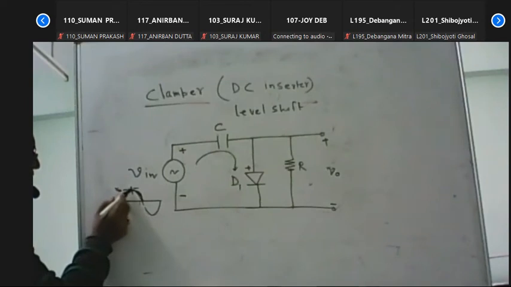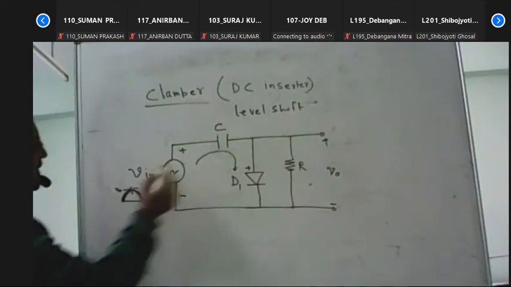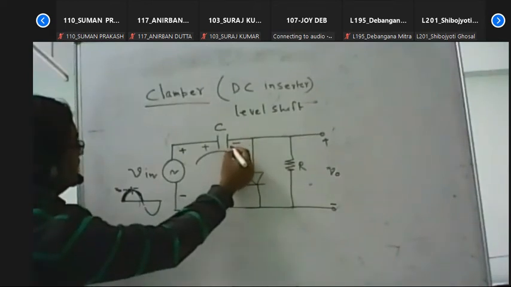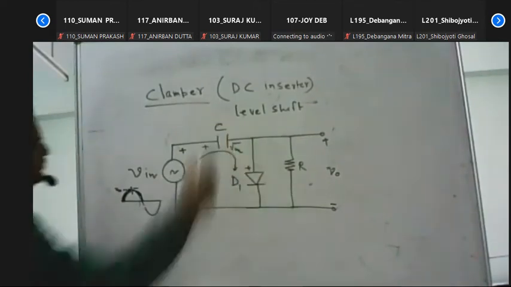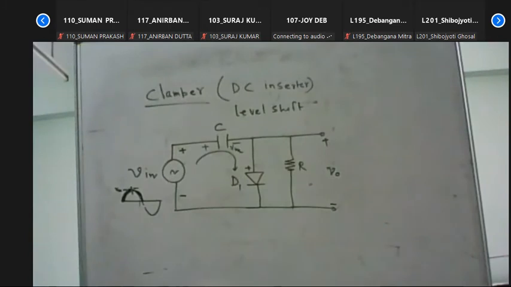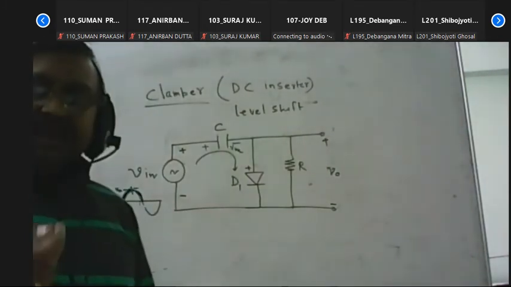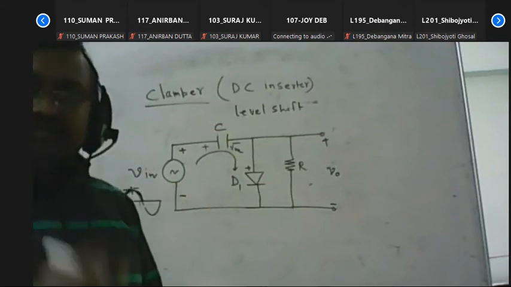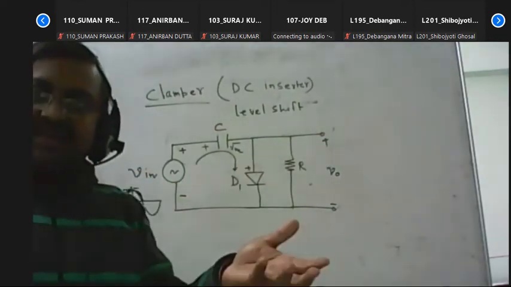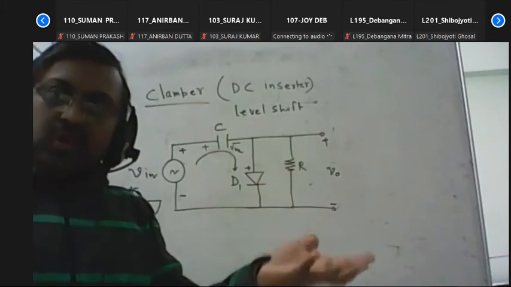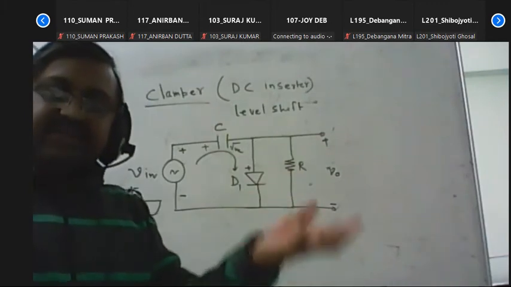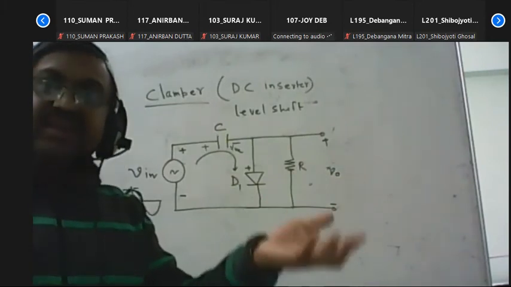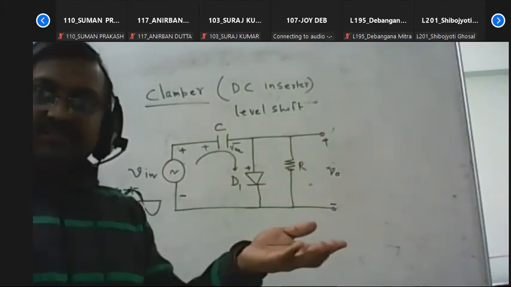If the input signal is at its maximum, the voltage developed across the capacitor is VM, the maximum voltage. Now after that, the input signal goes low, below VM. The capacitor holds the charges, so the voltage across the capacitor is still VM.